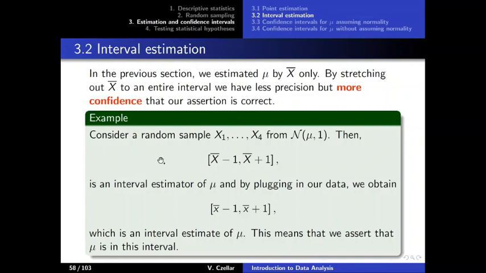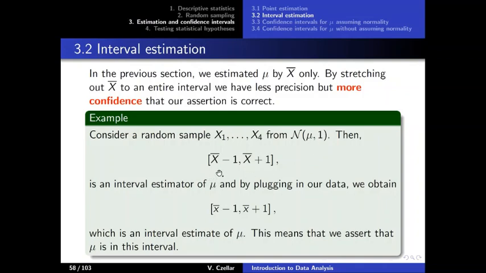So, for example, if I take a tiny random sample with just 4 elements in it, so I have x1 through x4, I assume that they come from a normal distribution with parameters mu, and to be simple, I say that sigma is known and equal to 1.